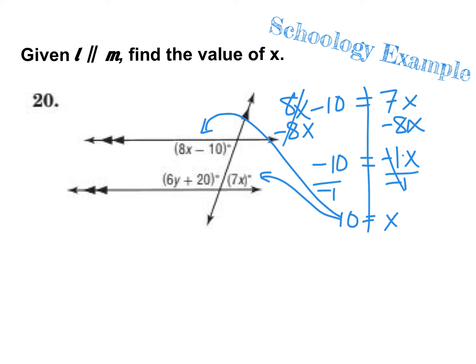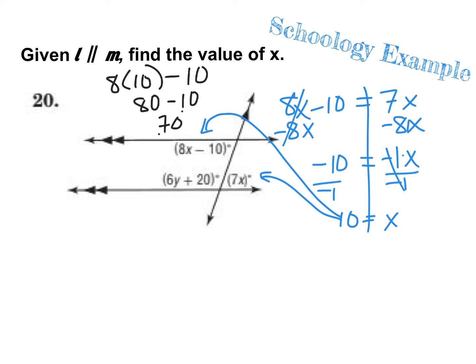If I plug it into this top one, 8x minus 10, I'm going to do 8 times x, which is 8 times 10, minus 10. So this is what I get: 8 times x, my answer that I just got, minus 10. 8 times 10 is 80. 80 minus 10 is 70.